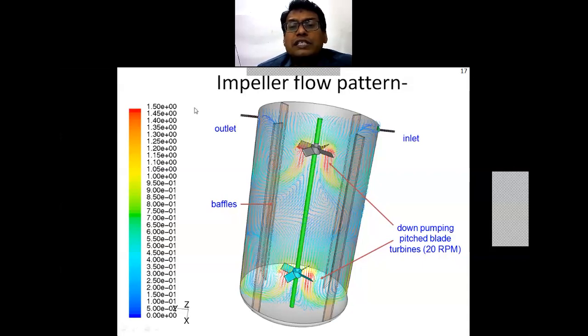The velocities are shown in red, and then the color decreases to yellow. So from red to yellow, your velocity decreases. And if you look at this, in between these baffles, vertical loops are also developed. So you can see the different generated loops. Those who are looking from a computer will understand and observe this velocity vector and the differences between them. From mobile, it is very difficult to understand.